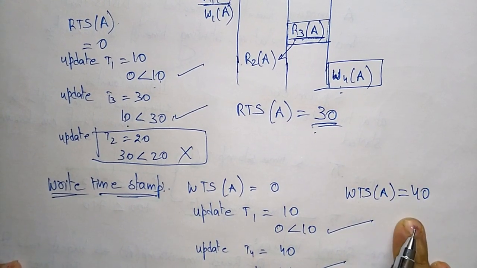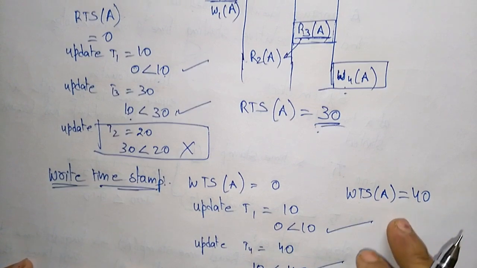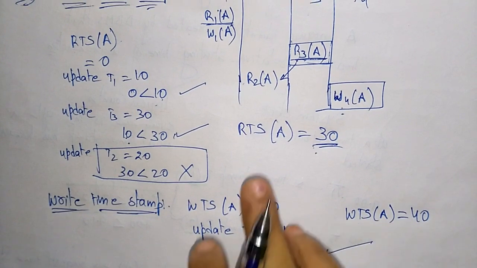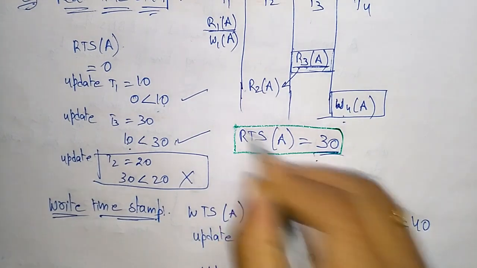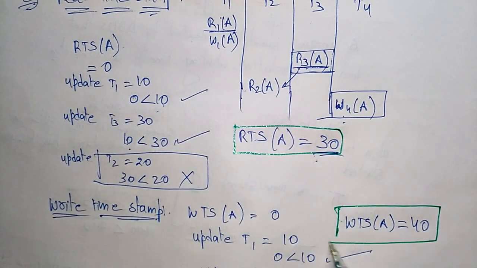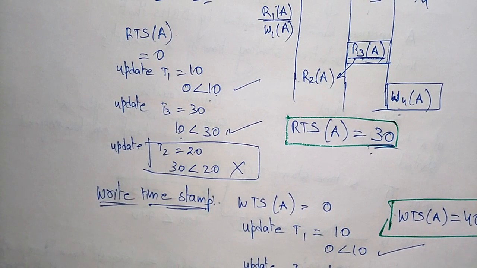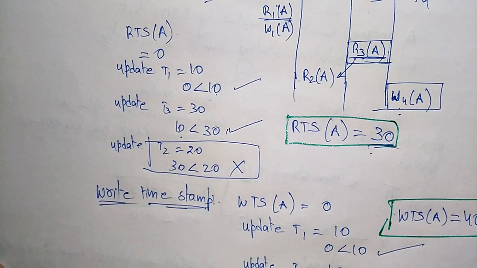The largest transaction where the write operation is successful, that timestamp you have to take. So the read timestamp is 30 and the write timestamp is 40. These are the two different timestamp values. Thank you.